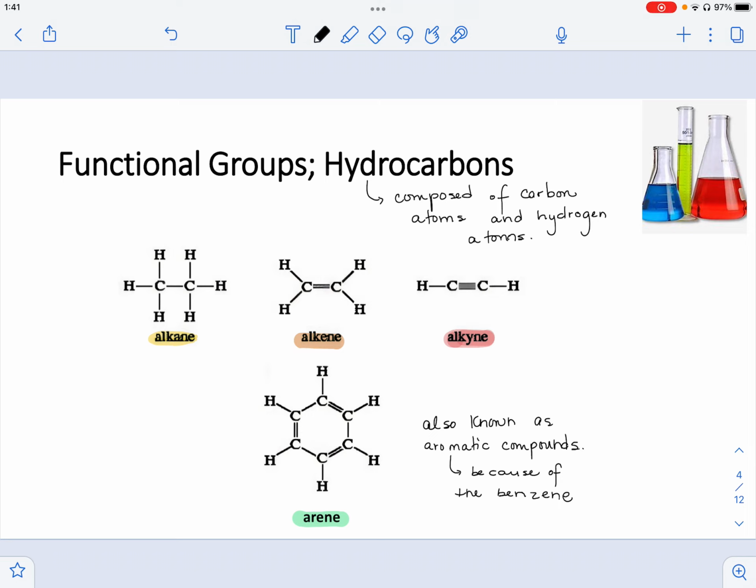This benzene ring that is going to be present in arenes is going to be a cyclic molecule that contains 6 carbons, and it has alternating double bonds and single bonds.